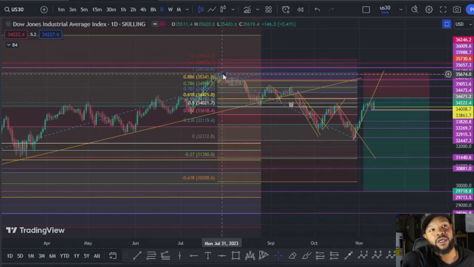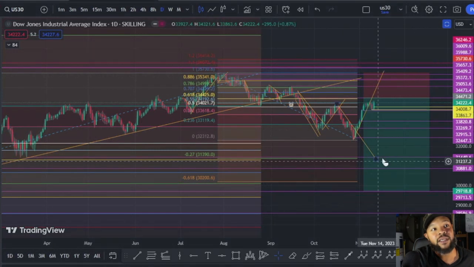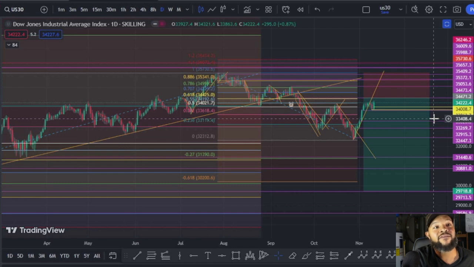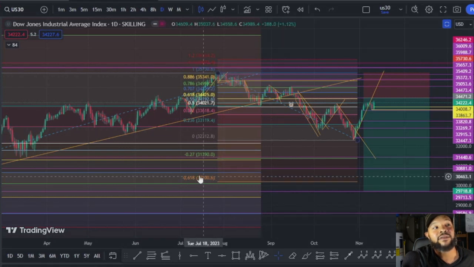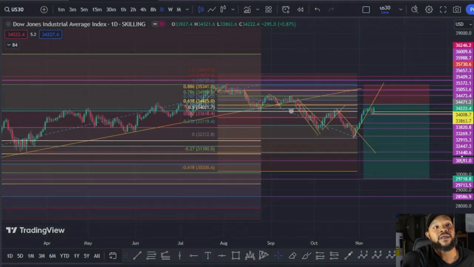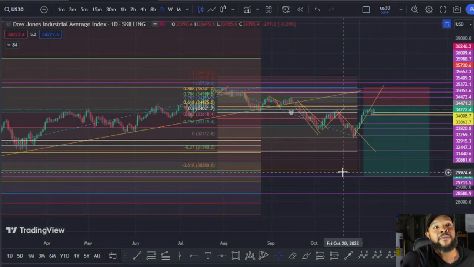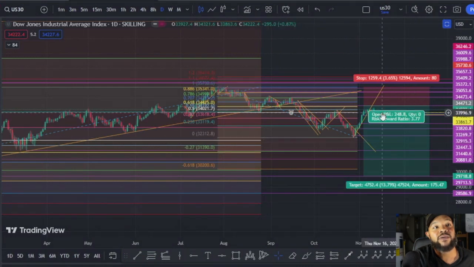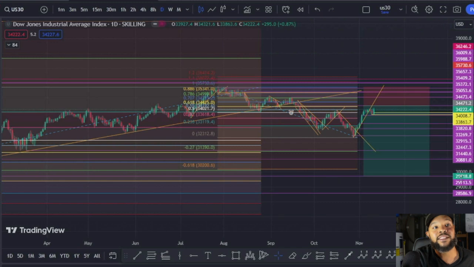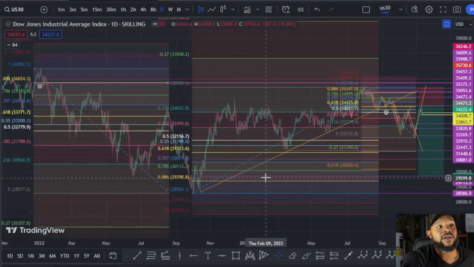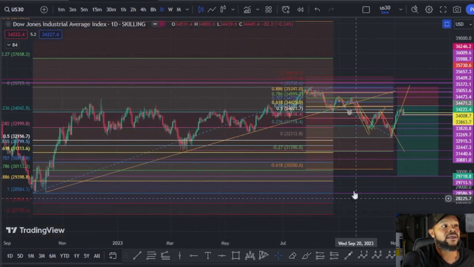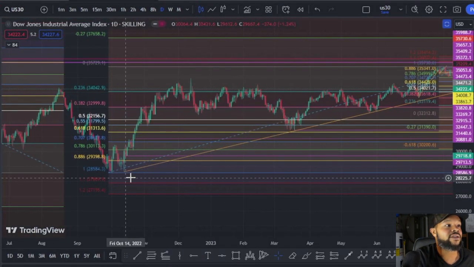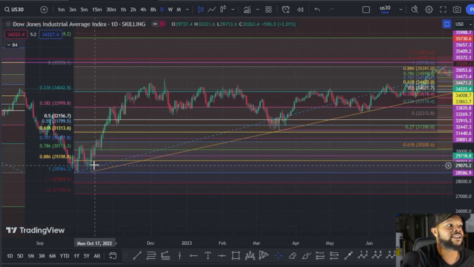So it'd be a 1, 2, 3, and pull back here for wave 4 pullback, and wave 5 should end after my negative 618. So that's why my target for this swing trade is eventually to get to 29,718, which is the liquidity left from, I think it's October 18th futures market from October 17th.